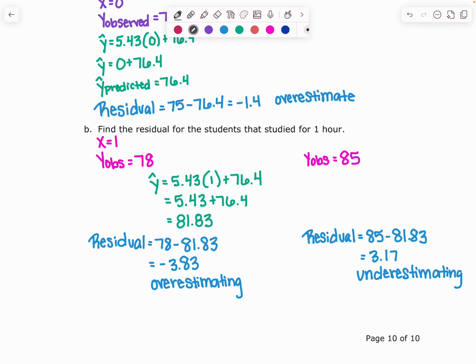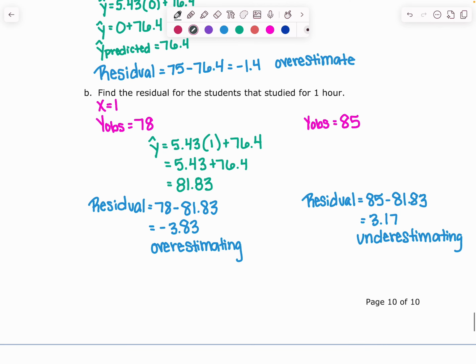So what that tells me is if I had the graph of this, I would have on x equals 1 a dot here and a dot here, and then my equation is going right in between the two dots. And that is exactly what it should be doing. If I have two dots on the same x value, I want my line to be going right in between the two.